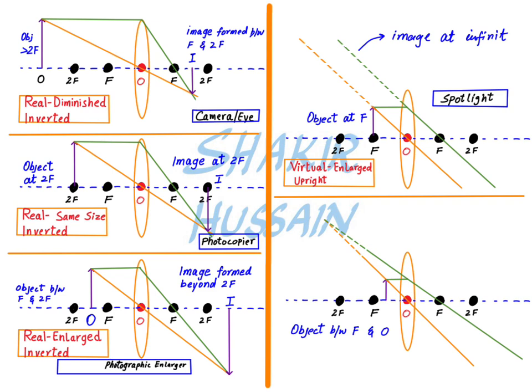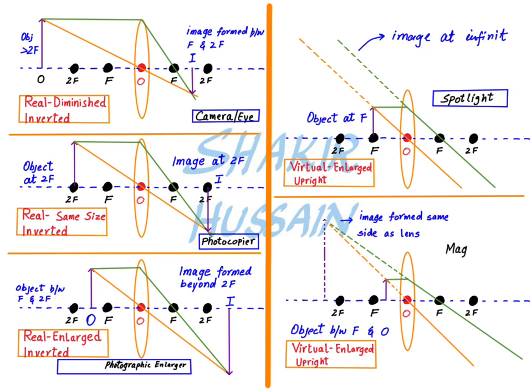But you have traced them virtually; they are not really lying there. So this image is not real, it is a virtual image again. It is magnified again, and upright again. So the image would be magnified, upright, and virtual.